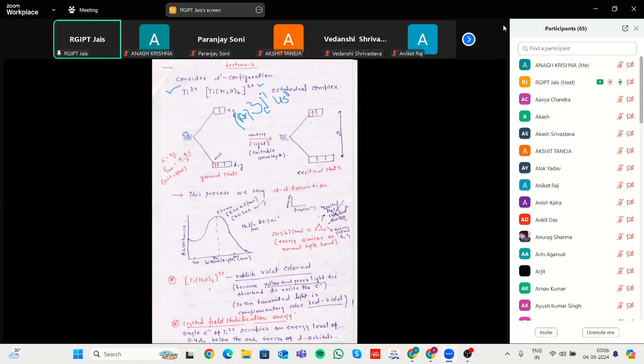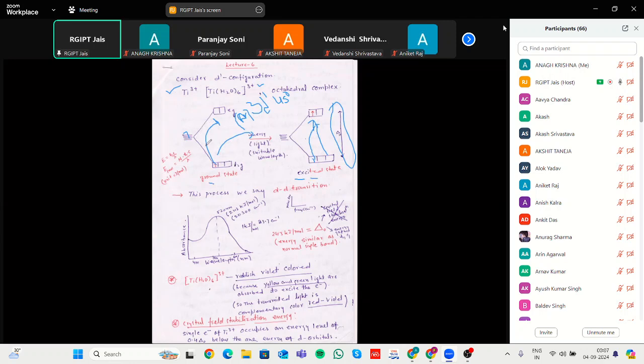After that, it absorbs some energy in the form of light or thermal energy, and that electron will shift here. This process is known as d-d transition, which means a d electron is transferred here, from the ground state to the excited state.